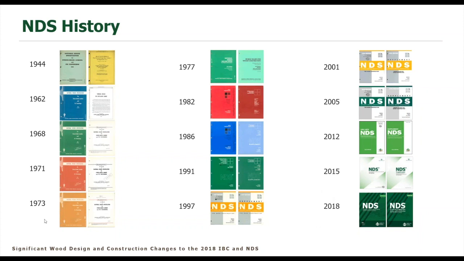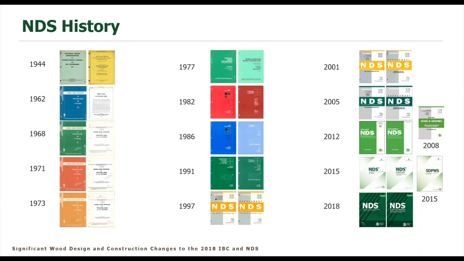In addition to the NDS, if you design for wind and seismic, you're familiar with the 2008 Special Design Provisions for Wind and Seismic, or SDPWS. The 2015 is the next edition out after the 2008.